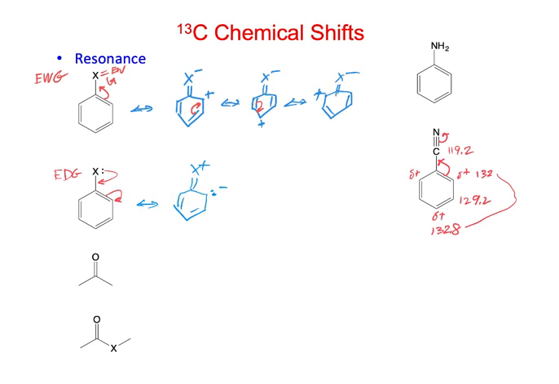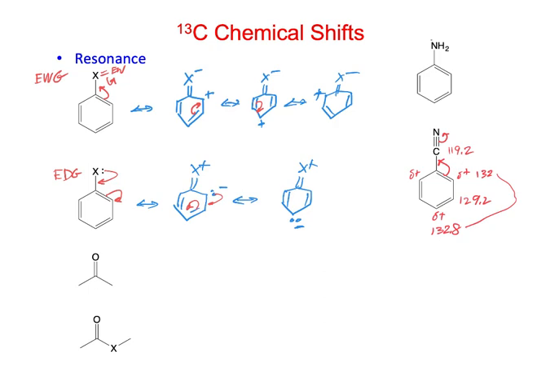Then we can continue around the ring like we did with the other one, but we're pushing electrons into the ring this way. So we'd have a minus here, and what we end up with is a partial negative and more shielding.